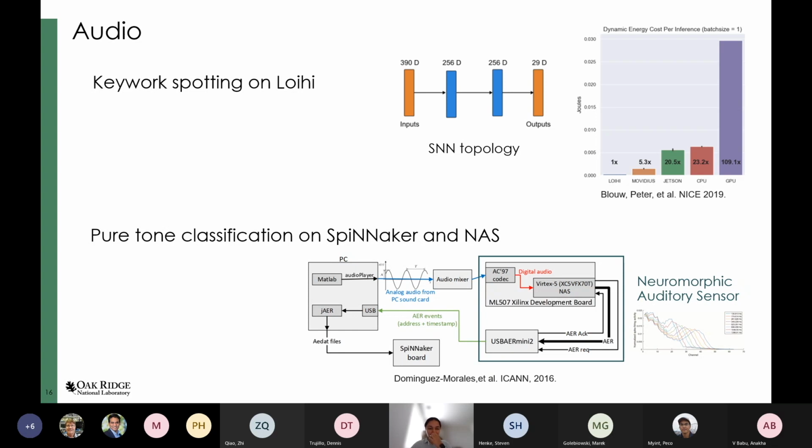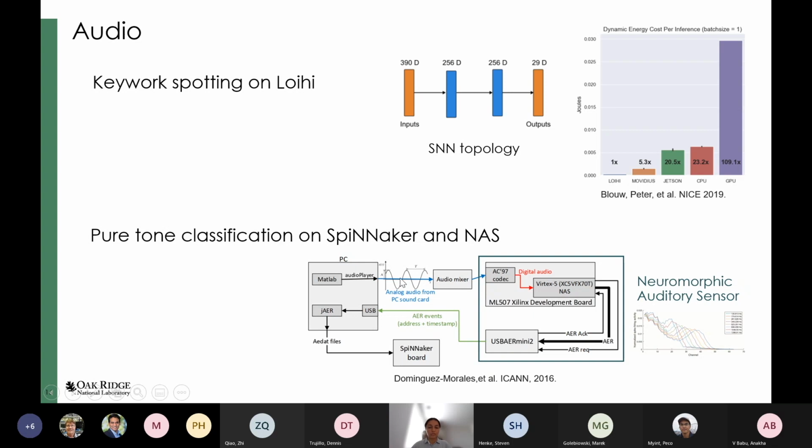Another application was with the neuromorphic auditory sensor and SpiNNaker, to make a classification of the pure tones that are generated by a standard MATLAB program.